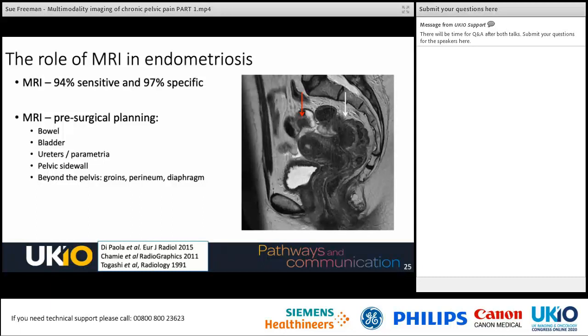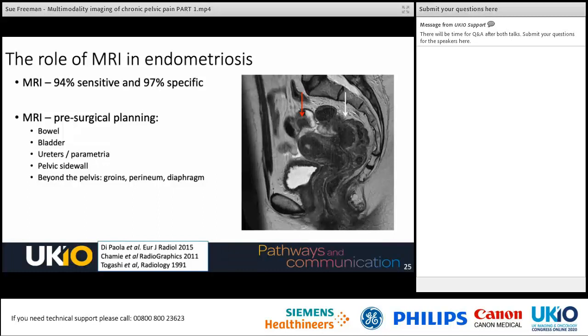the ability to scroll through images is often preferred by the colorectal and urology surgeons who may not understand the pelvic ultrasound as well as the radiology and gynecology team. And of course, we use the MRI to determine what sort of surgery the patient is likely to need.